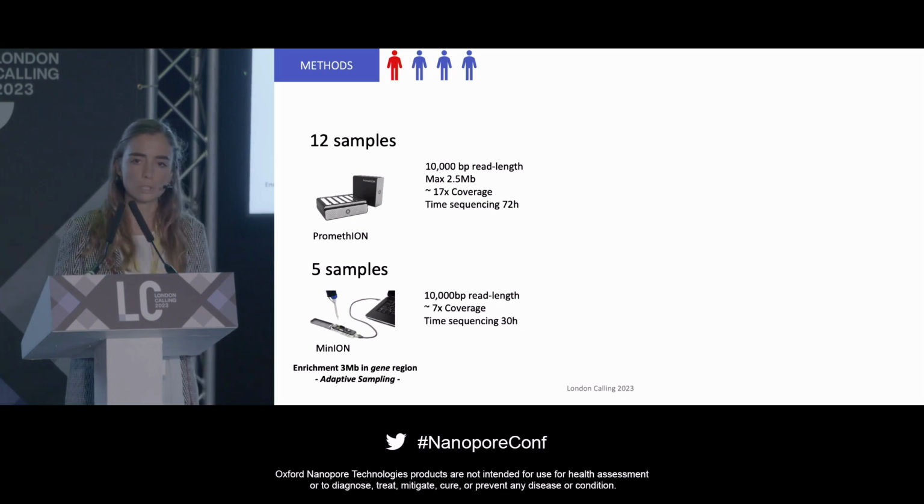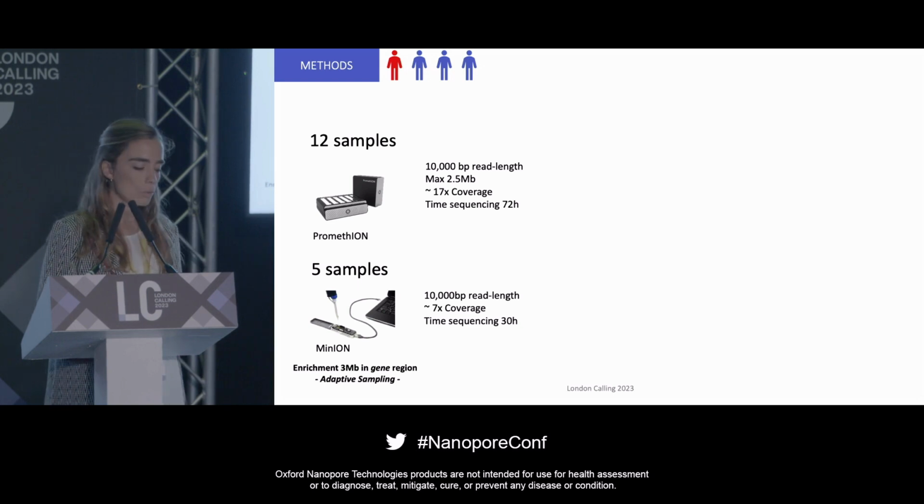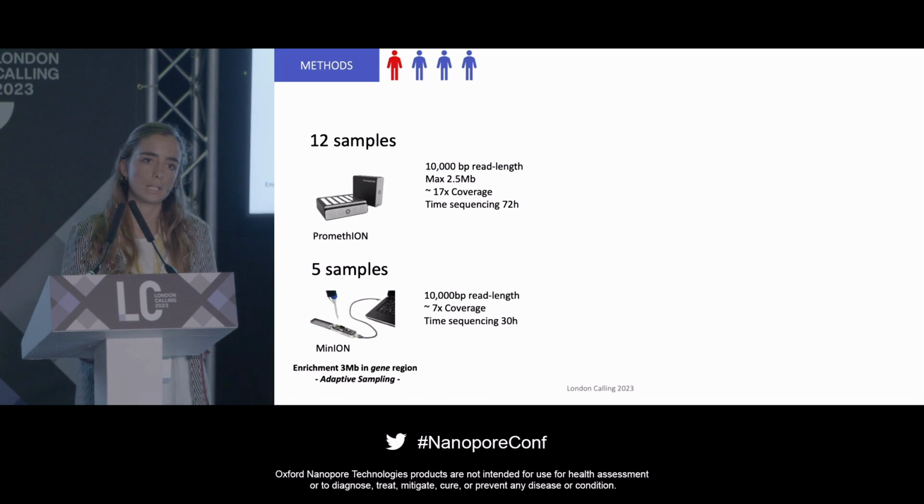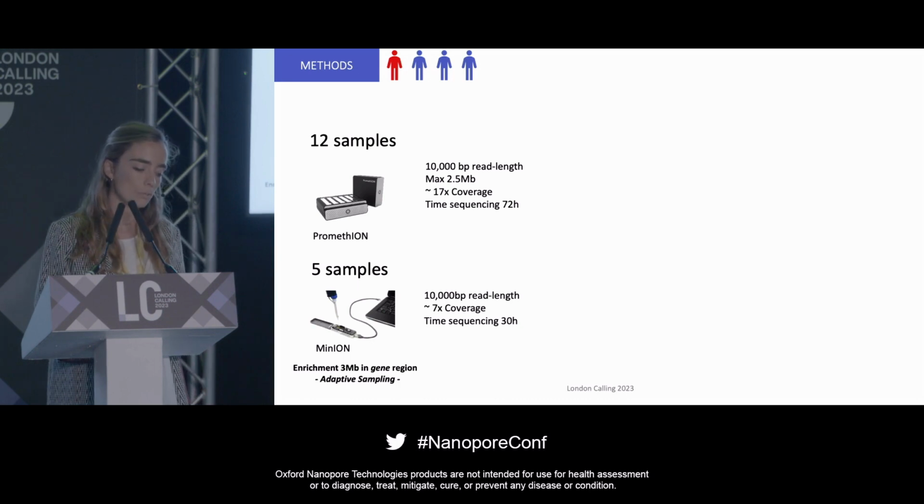The average coverage obtained with PromethION was 17x, non-uniform depending on the quality of the DNA of the samples studied, during a sequencing time of 72 hours. In the case of the MinION device using adaptive sampling, it is interesting that we obtained 7x coverage of single libraries running for 30 hours in our flow cells.